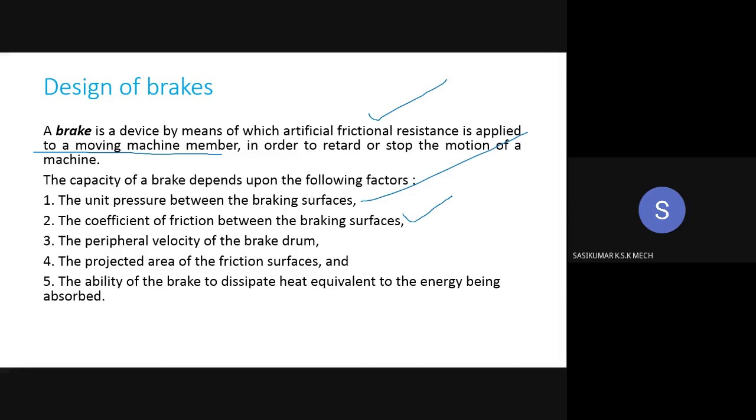And the ability of the brake to dissipate heat equivalent to the energy being absorbed is also an important factor. The energy absorbed during braking should be dissipated as heat. If the brake lining material is not able to dissipate the amount of heat generated, the braking material will lose its life very soon.